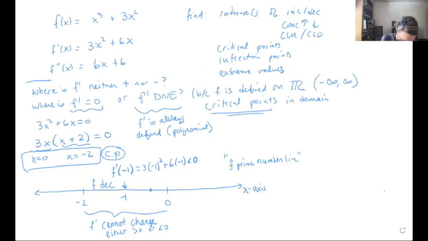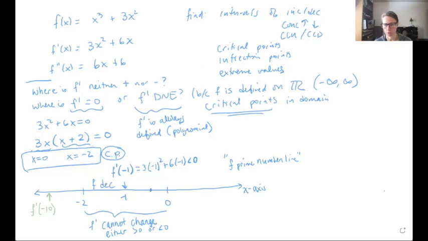All right, let's pick another test point. Let's pick a test point smaller than -2. And sometimes for me personally, I like to pick big numbers just because sometimes it's easier to see at a glance. So I might do f prime of -10, but you can pick any number you want. In fact, everyone should pick a different number. Pick a number smaller than -2.